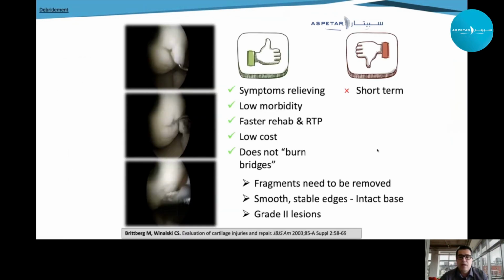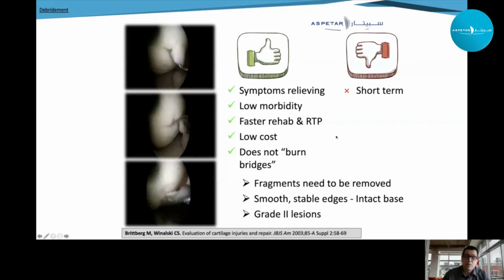in newer techniques. So let me briefly give you some idea of what is going on in terms of surgical tips and tricks. You all understand that debridement might be a good solution in some cases because it's very fast, low cost, no morbidity at all. The rehabilitation is quite faster and the return to play is quite faster.